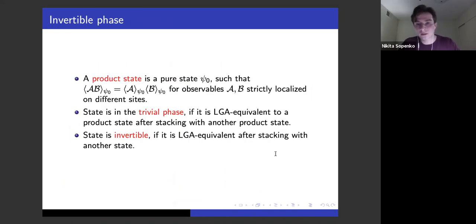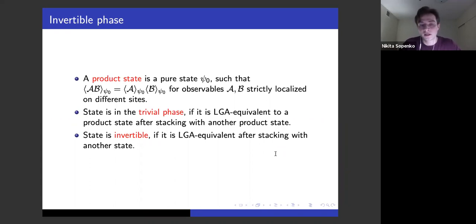Okay, and now we can finally define the problem that we consider. By product state, we mean just a tensor product of pure on-site states, so that for any observables A and B which are localized on different sites, their average is factorized, so it's a product of averages.